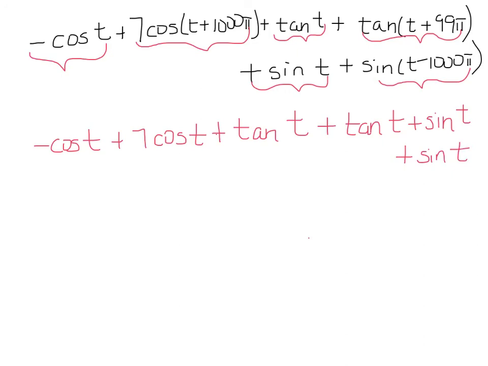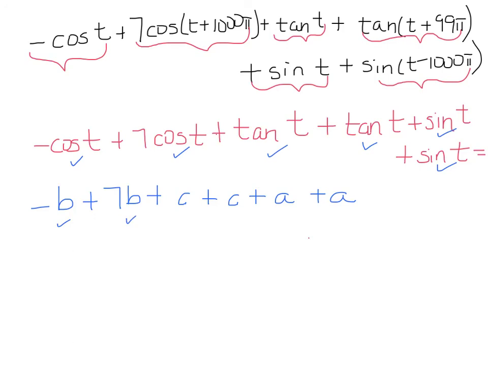Okay, and then now I'm going to go through and substitute my variables. Remember, cosine is b. So negative b plus 7b plus c plus c plus a plus a. You have to make sure you have a variable for each trig function: 1, 2, 3, 4, 5, 6.